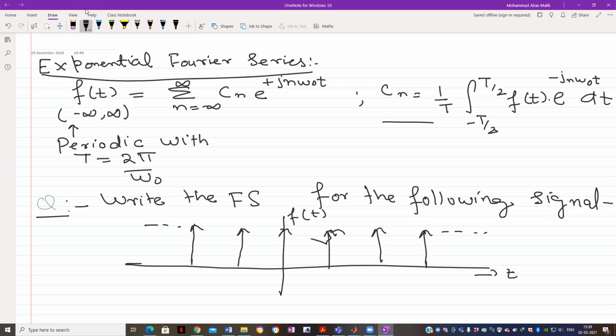This will be 0. Are you getting me? This is T. This is 2T. Everybody with me? Yes, sir. Okay, this is 2T. Now this is a signal. You have to find its complex Fourier series, that means exponential Fourier series, and then go for its trigonometric Fourier series. Right? Yes, sir. Okay.